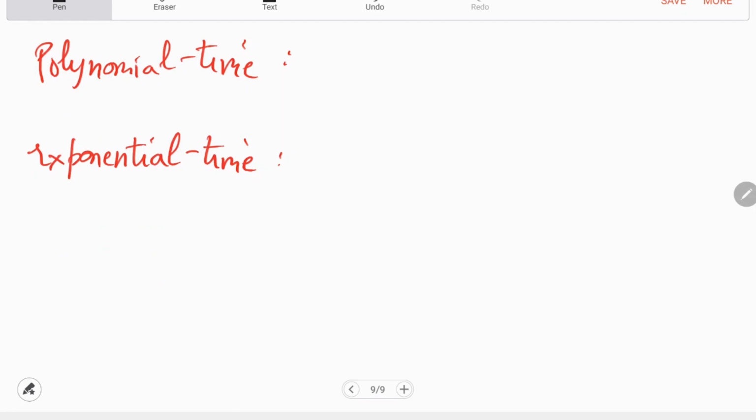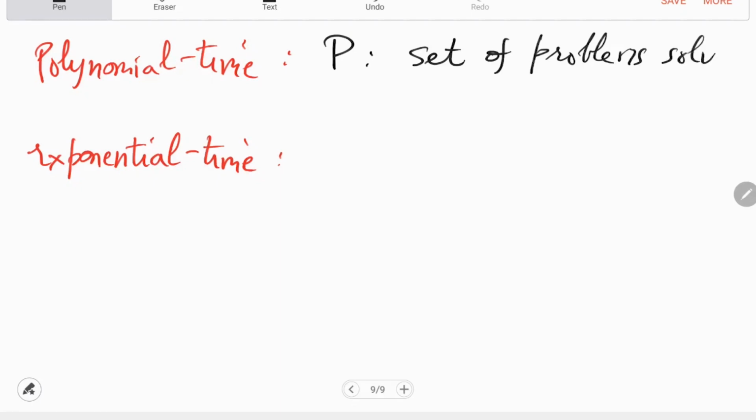Polynomial time is the complexity class P. These are the set of problems solvable in time at most size of x to the c, where c is an absolute constant.